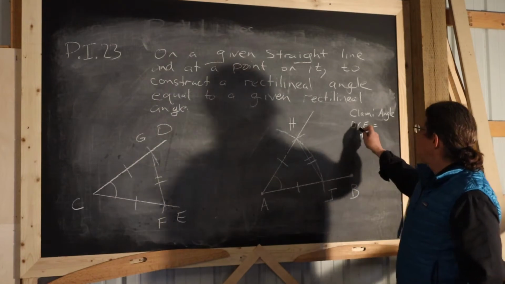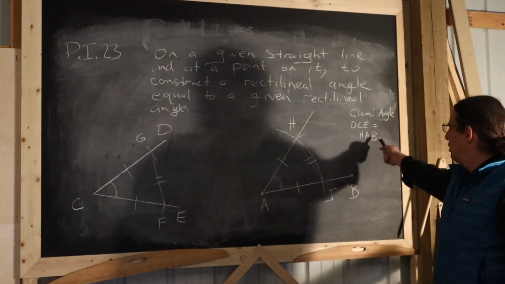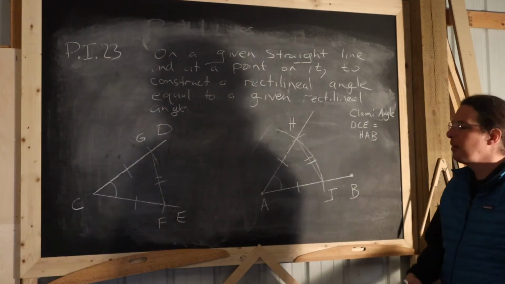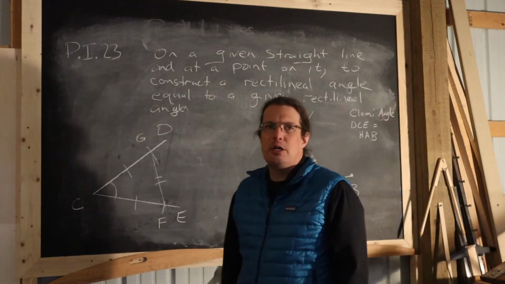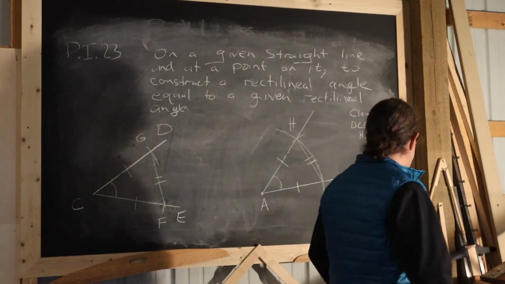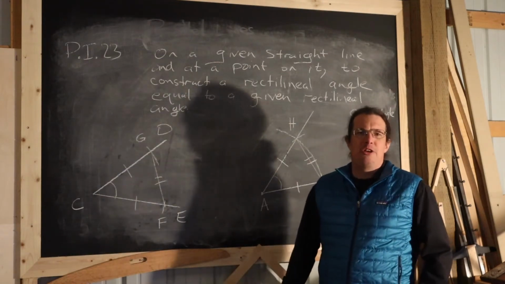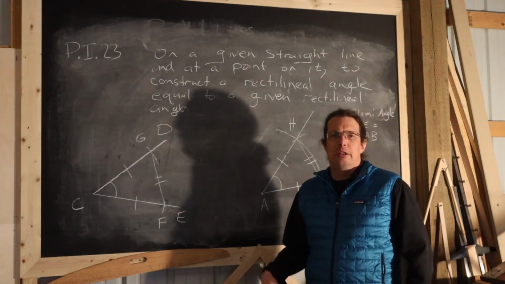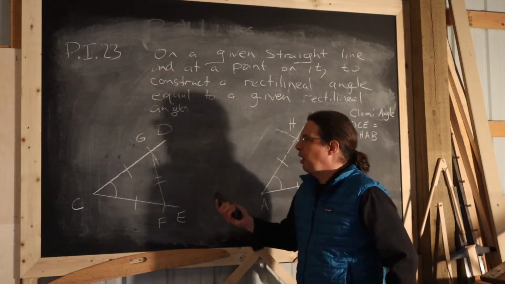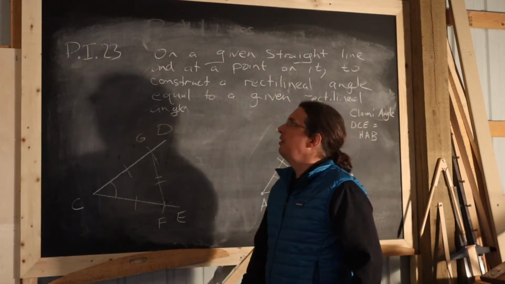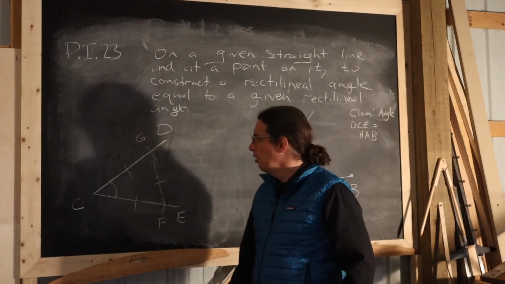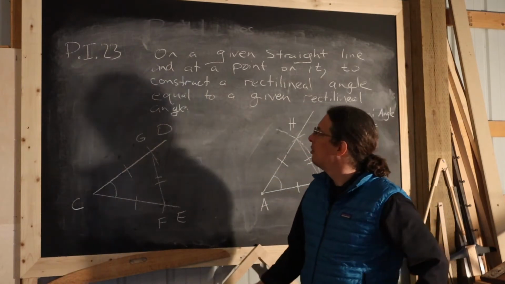So angle DCE has to be equal to angle HAB. So that's how you can copy an angle. And we're going to use that in pretty much any of our techniques for laying out parallel lines. That's why we need this construction in this next video tutorial on parallel lines.